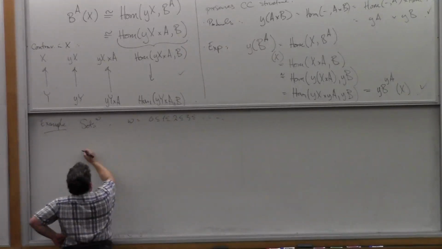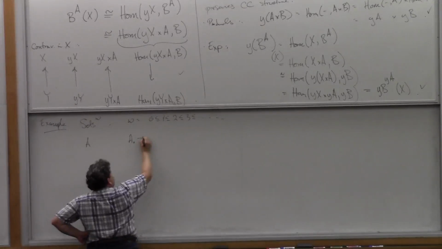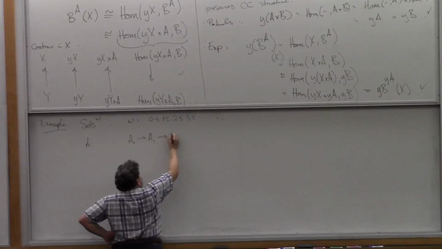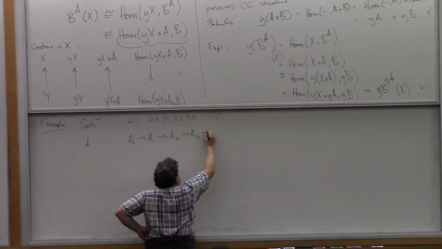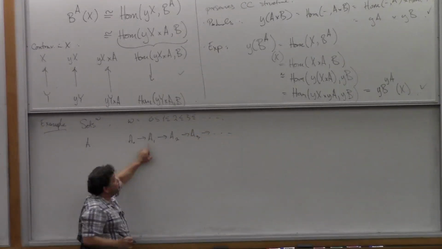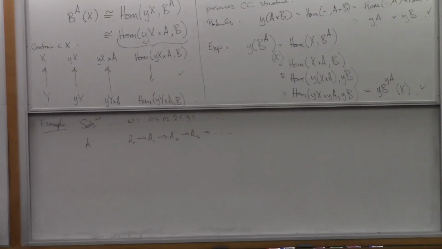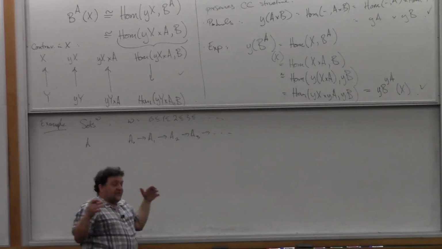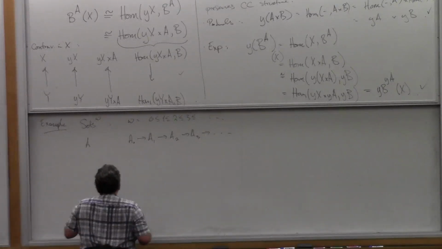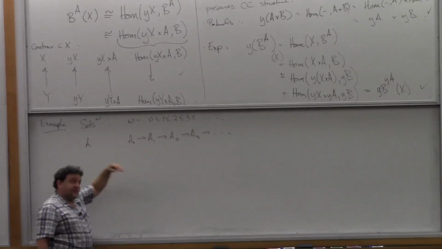And then an object in here, A, is just a set changing through time. It's a sequence of sets, and the elements change as you go from one to the next. You think of it as the set developing through time. Some elements come in, some elements get identified, and so on. And then the arrows we saw were those ladders of functions.